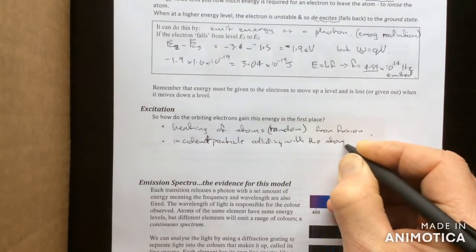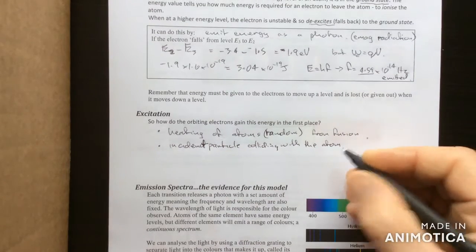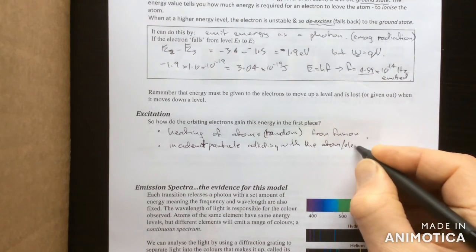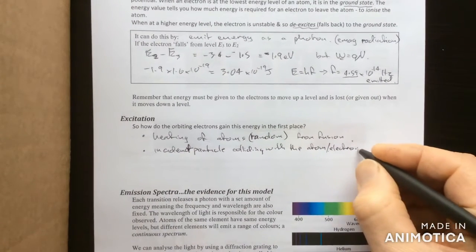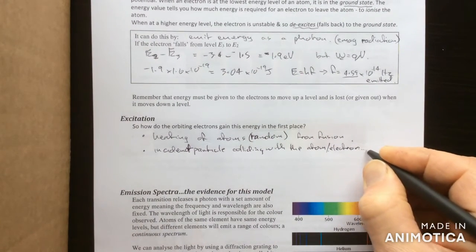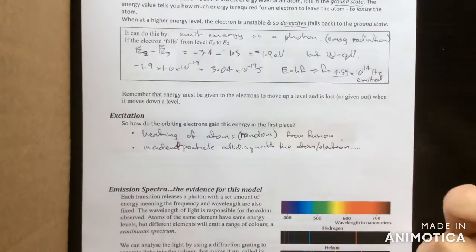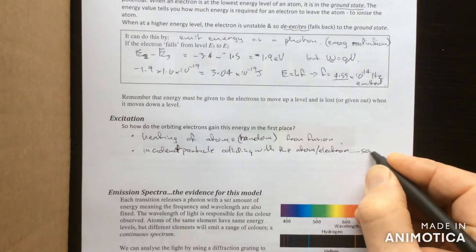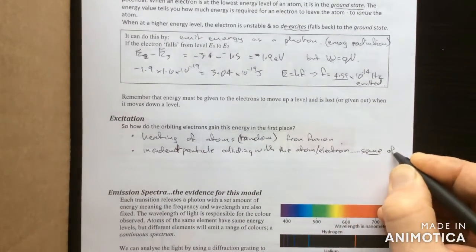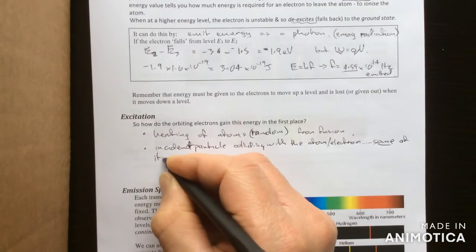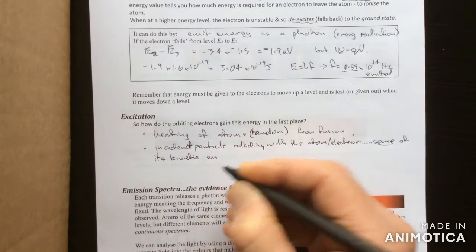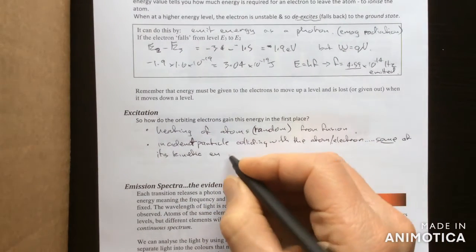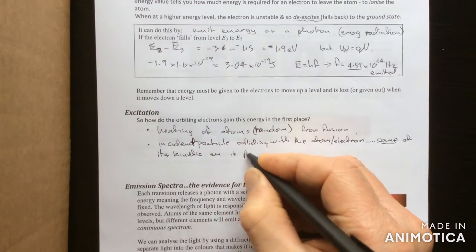And so what happens there is, it doesn't really matter whether it's the atom or the electron, but some, and this is again a crucial idea, they could twist this in a question, some of its kinetic energy will then be given to the electron. Let's say it's passed on.